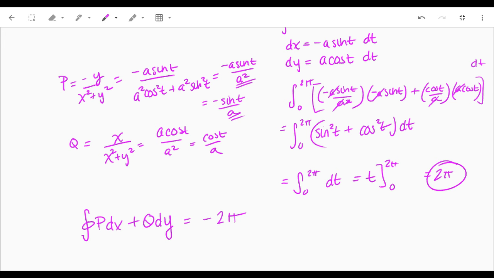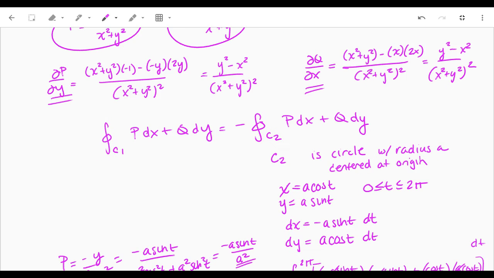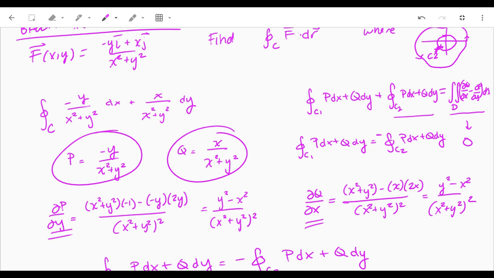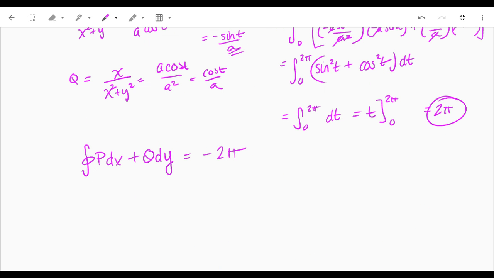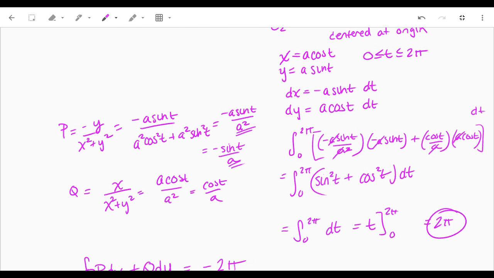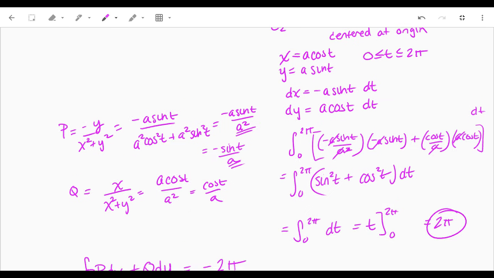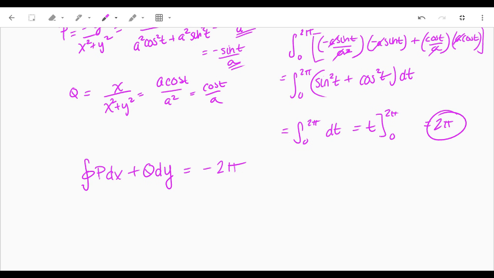I'm going to look at my work again. I think I may have oriented C2 incorrectly. Positively oriented. I think in the book they oriented the other way. Hold on a second. Right, I didn't lose the negative there, did I? See, that negative there should follow me, but it should at some point cancel out.